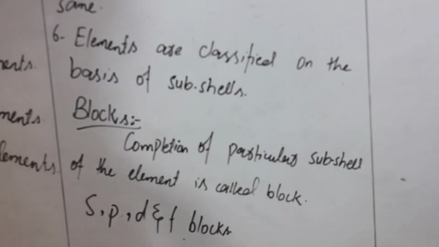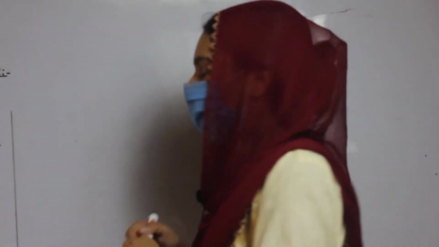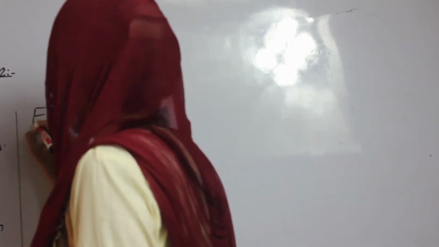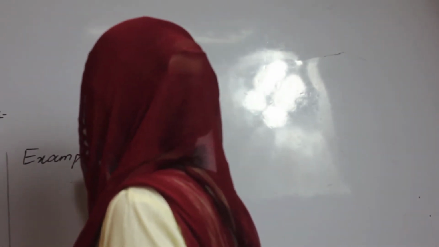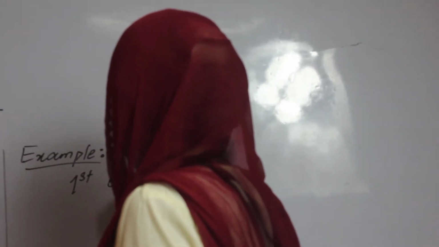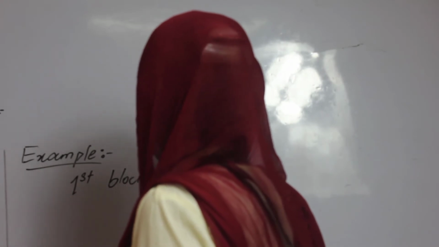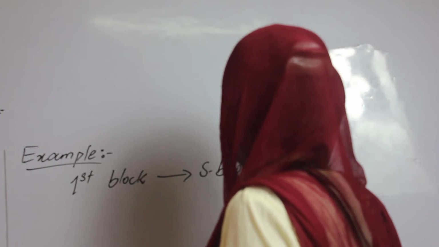For example, the first block is the S block in the periodic table.